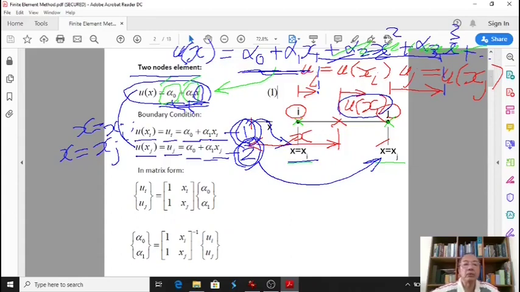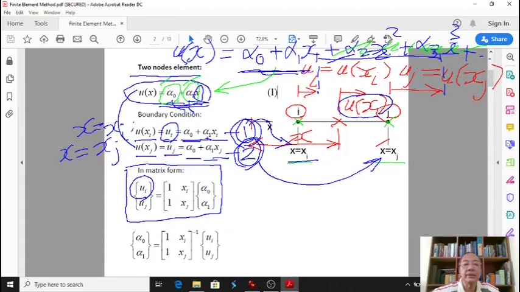So from equation 1 and equation 2, we can form a vector or matrix multiplication. So this is ui, equal to 1 times alpha 0 plus xi times alpha 1.